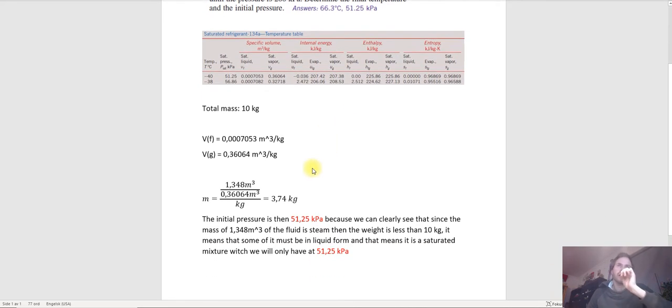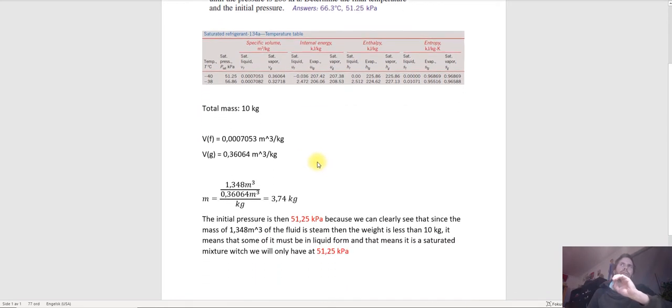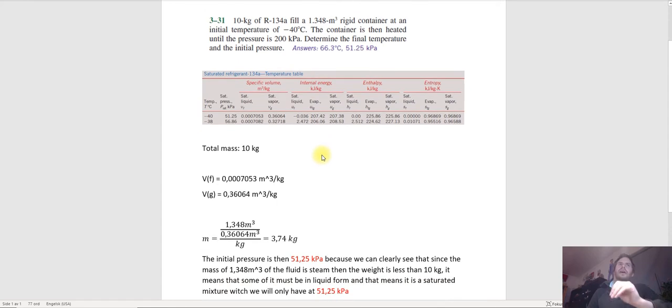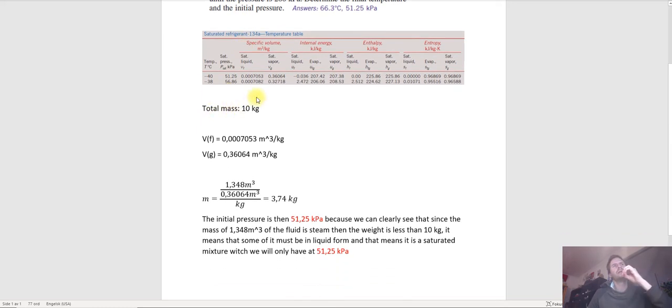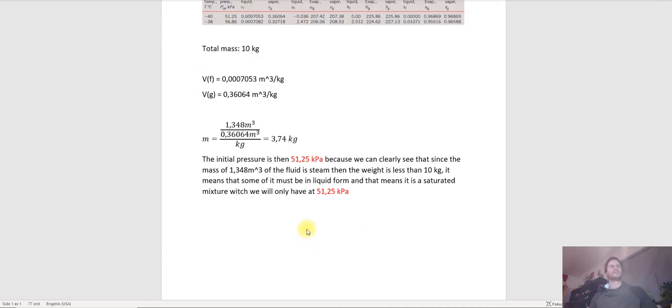If it is a rigid container, a solid container, it's locked. Then the pressure has to increase as well. So the pressure will become 200 kPa, and then the heating stops. So is it possible that it is a saturated mixture? Let's look and learn.